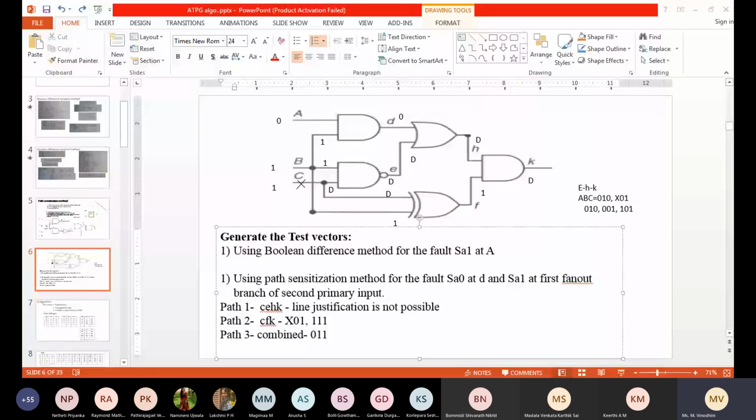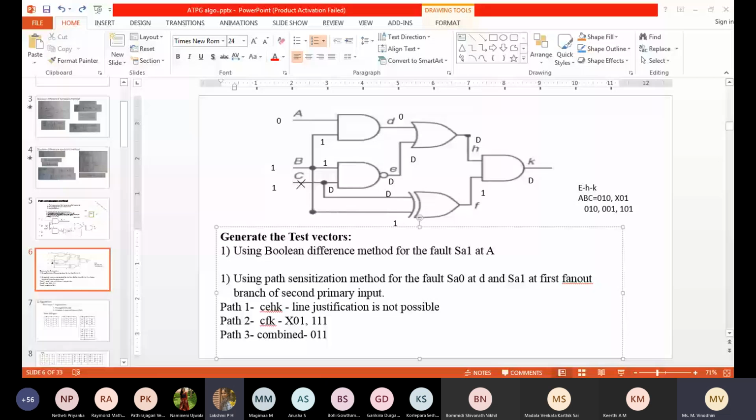So first you need to take the fault at D and check how many paths are there. Solve for all the paths. Then remove this stuck at 0 fault. Then introduce stuck at 1 fault and consider how many paths are there and solve it. Is it clear, students, at least now?